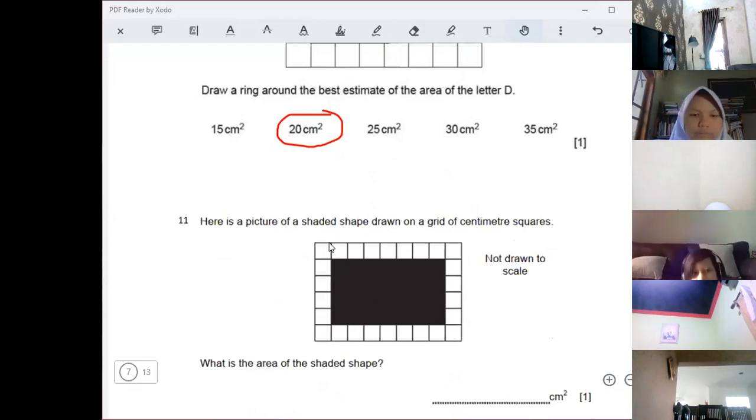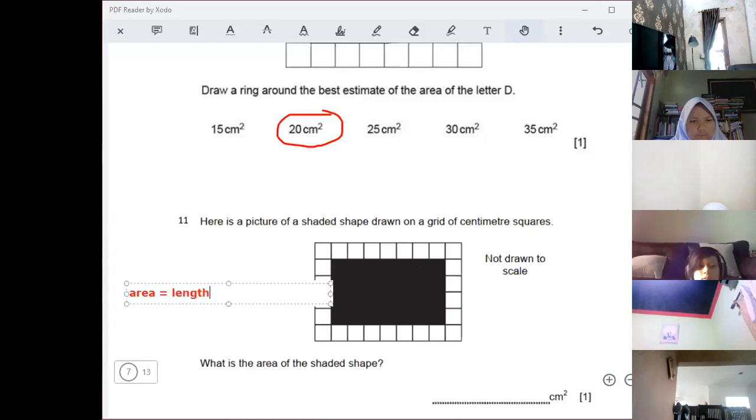Now number 11. What is the area of shaded shape? Arifa, how do you do this, Arifa? What is the area of the shaded? The shaded is the black one. Caranya gimana? What is the formula of area, class? Area. Lihat atasnya, Miss.